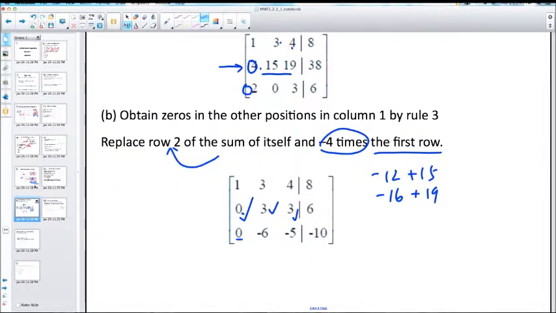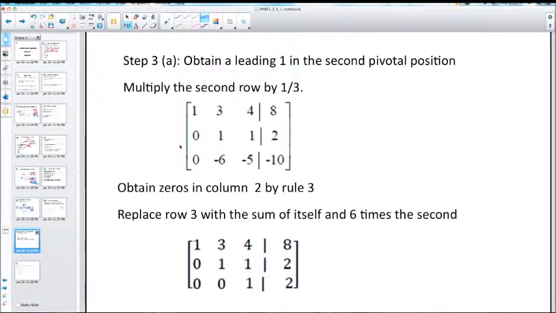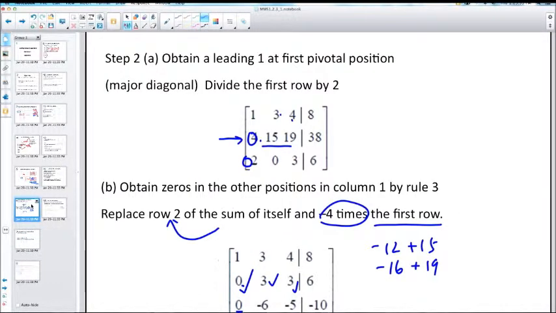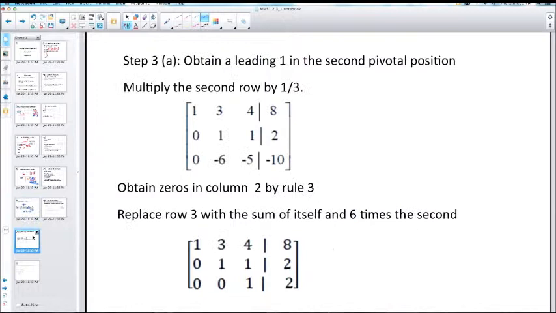And then we continue. Your next goal as step 3 is to make this element 1, I mean, turn this into 1. Then you divide the second row by 3. So the second row becomes 1, 1, 2.